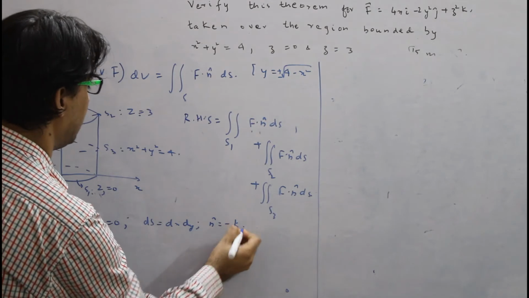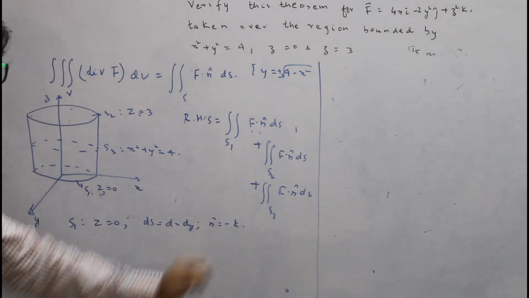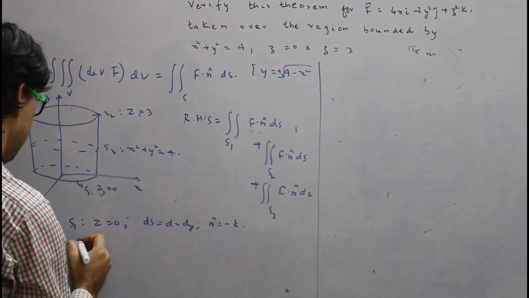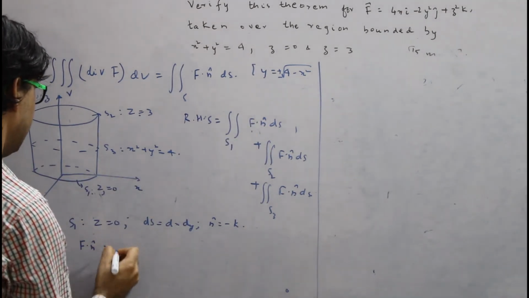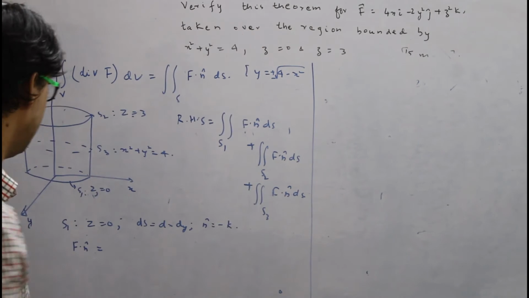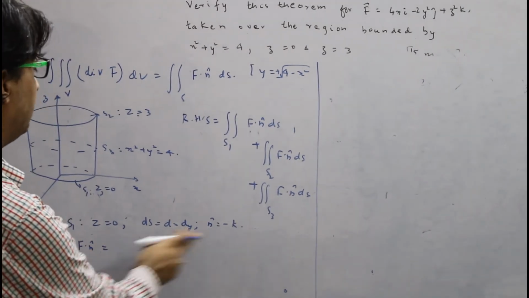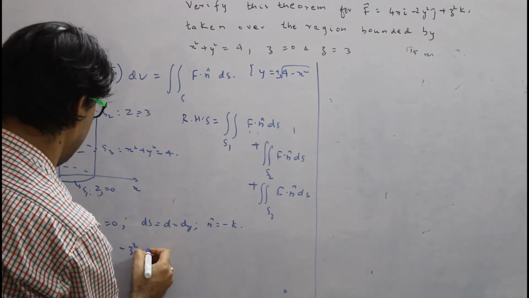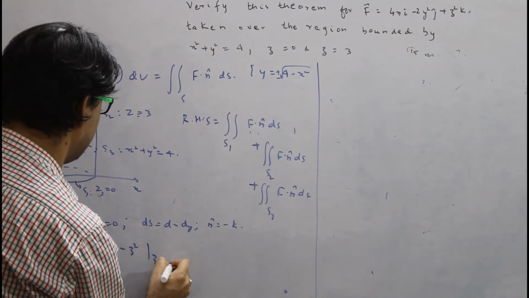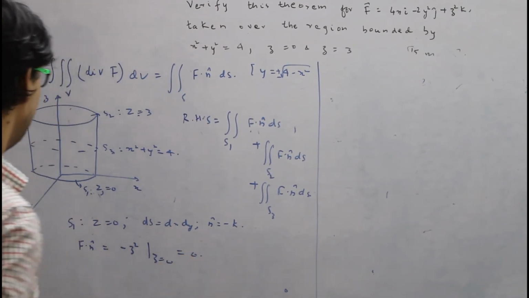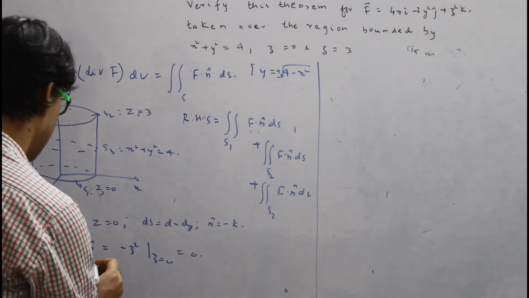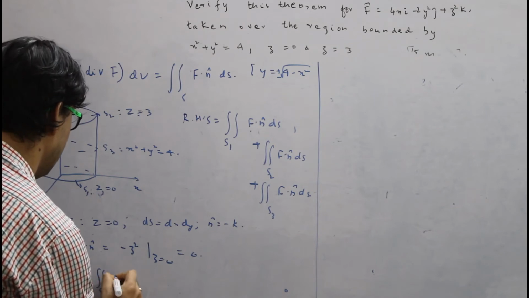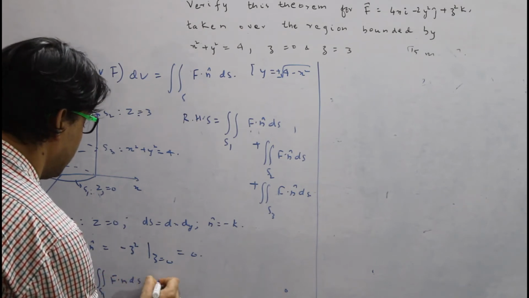The normal vector is minus k. So now we can find F dot the normal vector. We have the F here, and only the k component is there, so we can take this as minus z square. And the value of z is given, that is 0, so this becomes 0. So on this S1 strip, the surface integral of F dot dS becomes 0.